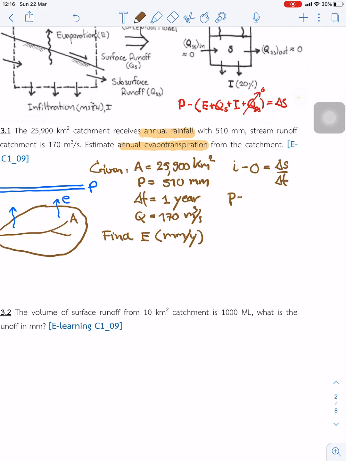So outflow is E plus the Q, equal to the change of storage divided by delta T.